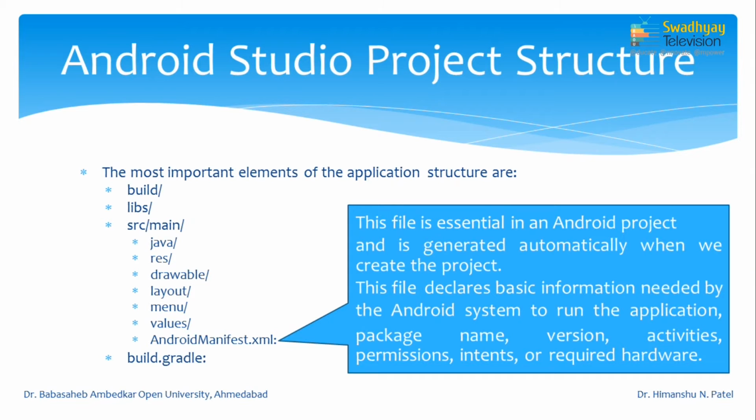For example, what is your package name, what is the version of your application, what are the activities included in your project, what are the permissions required to execute this app, what are the intents or what hardware is required. For example, if you are using a motion sensor for your application, then that required hardware must be specified inside this Android manifest file, which is again an XML file.